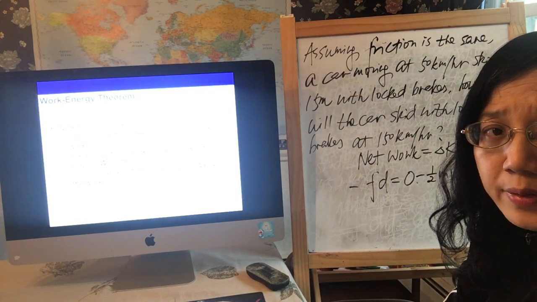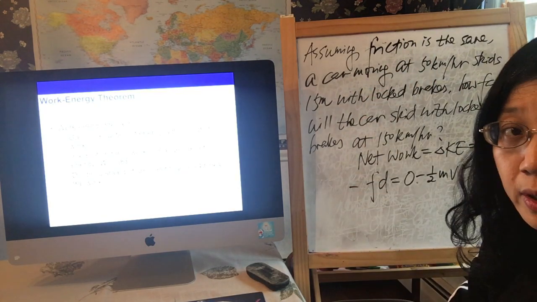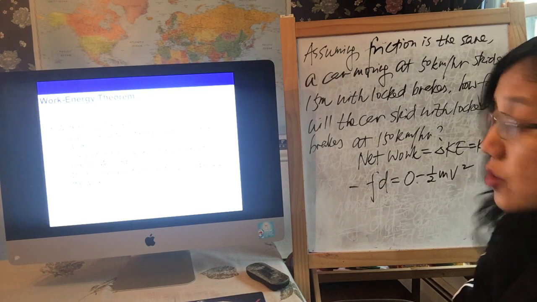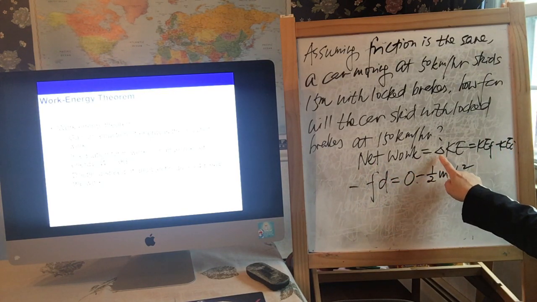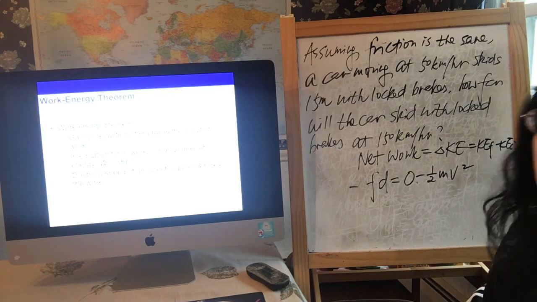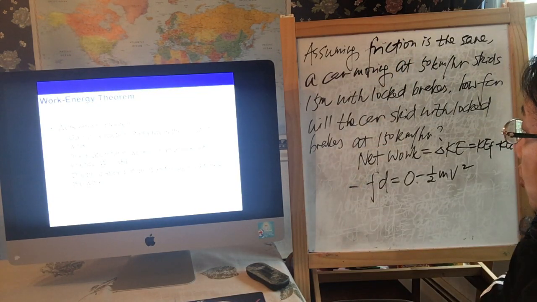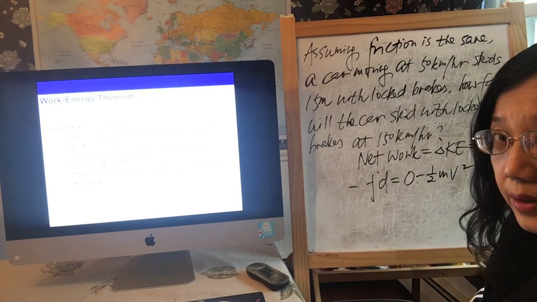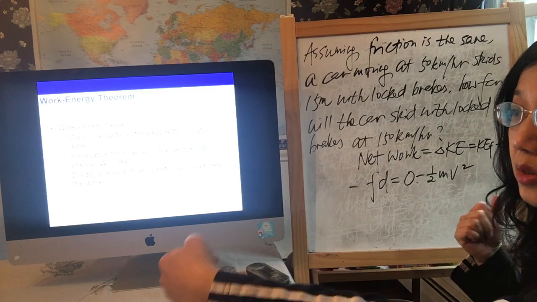This is a very typical application of the work-energy theorem, since there's only friction horizontally doing work on the object. So we can use net work equals change in kinetic energy here, and change in kinetic energy is final kinetic energy minus initial kinetic energy. Net work, because friction is the only force which does negative work here, because friction is in this direction, the distance is in this direction, they're in opposite directions.